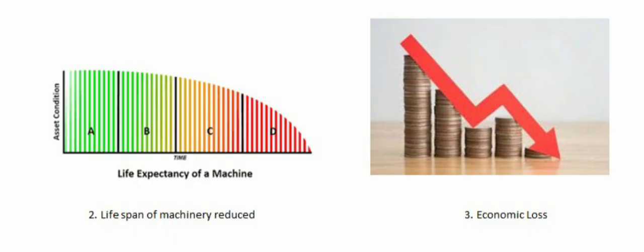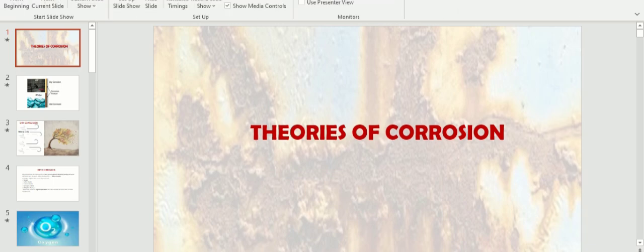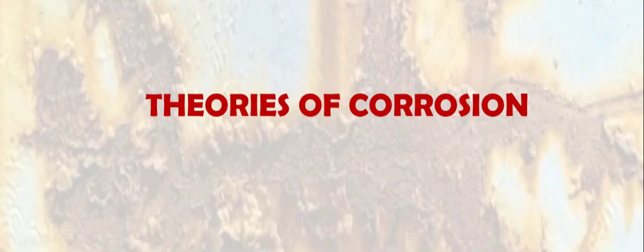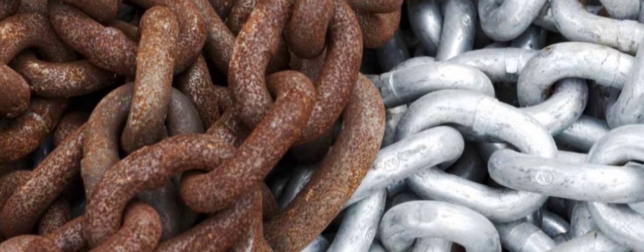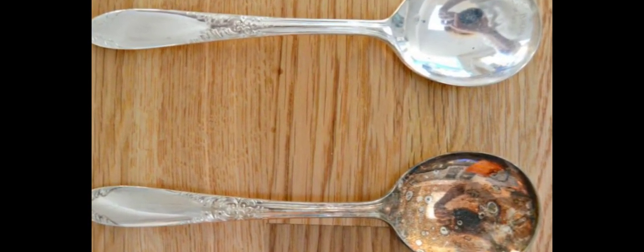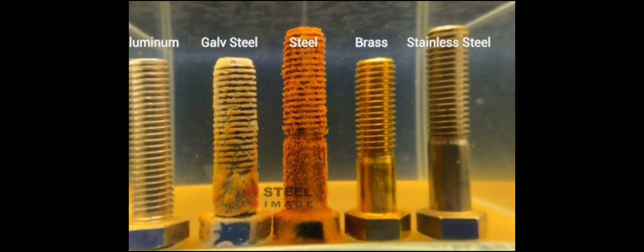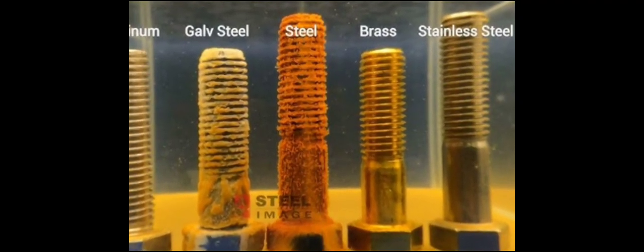Today, we are stepping into one of the most fascinating and honestly one of the most important topics in material science, that is theories of corrosion. If you have ever wondered why metals don't stay the way we make them, why iron rusts, why silver tarnishes, or why aluminum somehow survives where other metals fail, the answer lies in these theories.